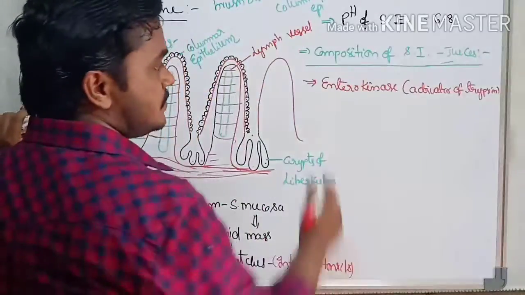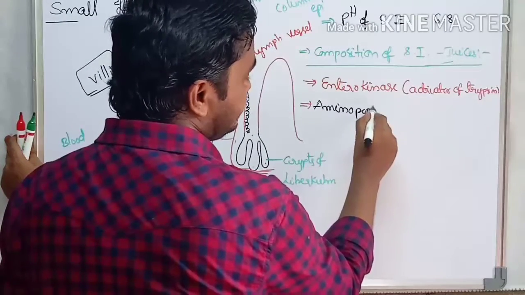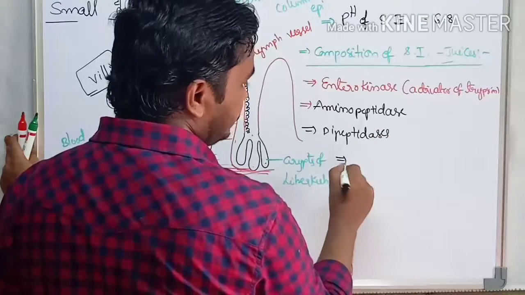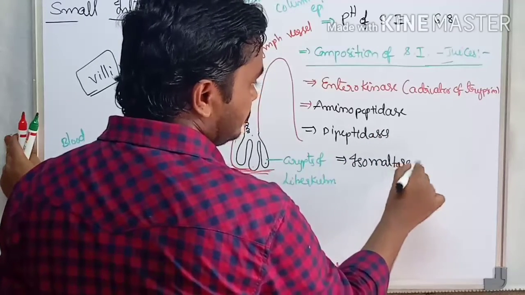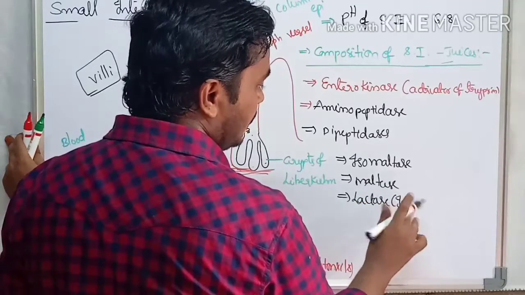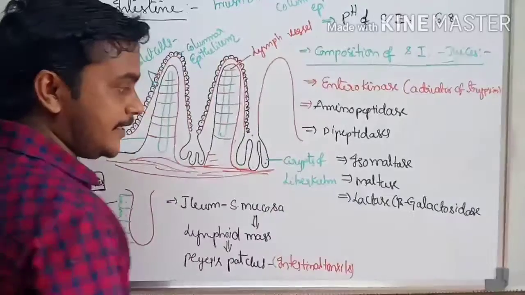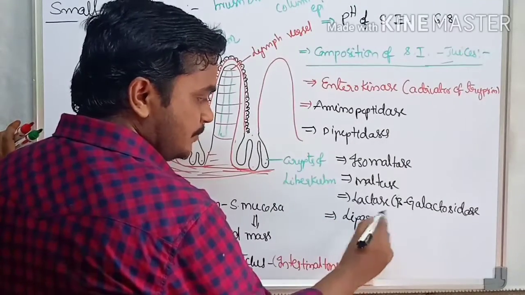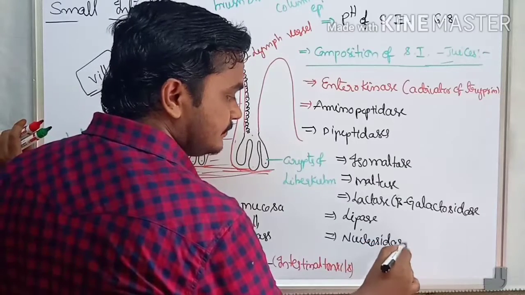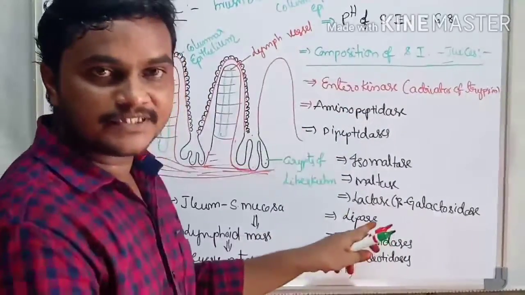Enterokinase is an enzyme, and trypsin is the substance it activates. Next, aminopeptidases, which are enzymes, dipeptidases, isomaltase, maltase, lactase, also called beta galactosidase, lipase, nucleosidases and nucleotidases. These are the components present in our juices.